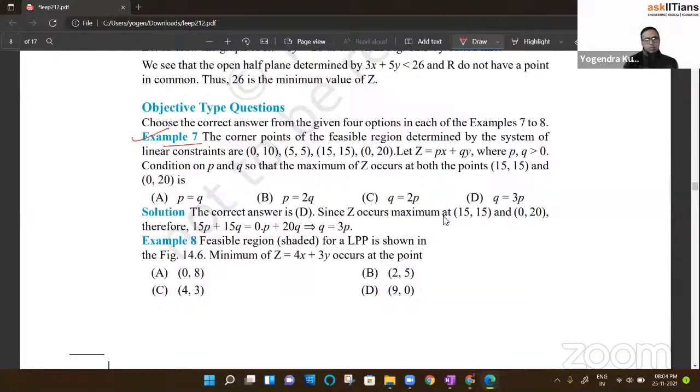Now this question: the corner points of the feasible region are given like that. We need to find the condition on P and Q so that the maximum of Z occurs at these points, right? Easily we can put the values here.